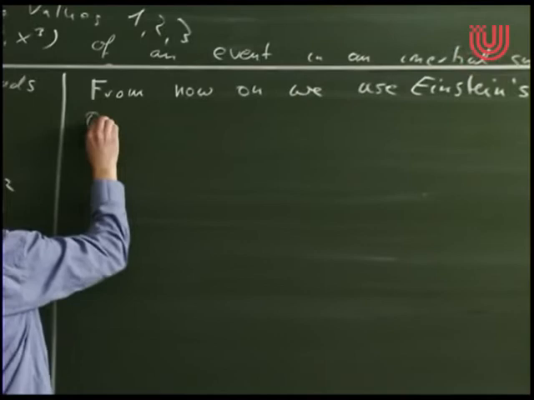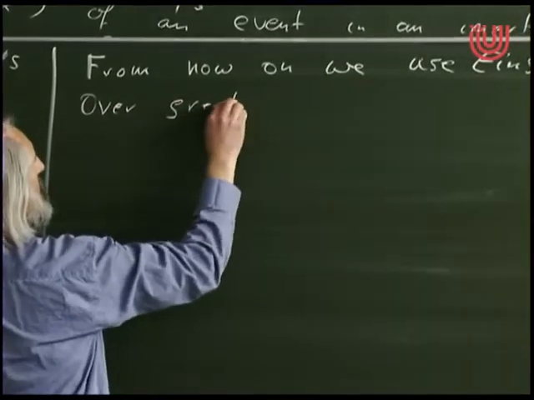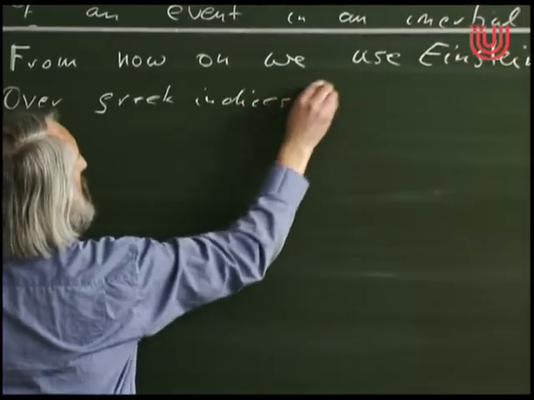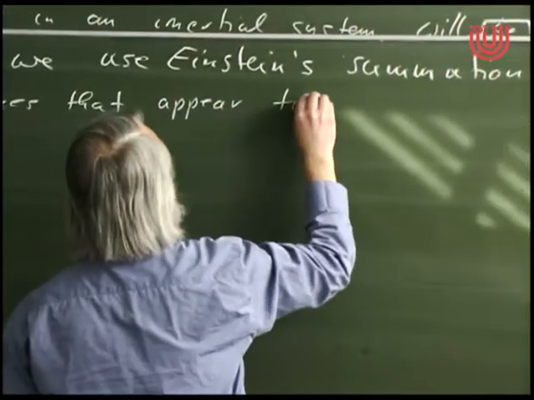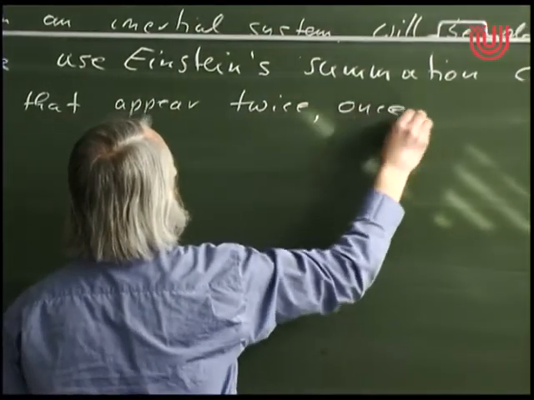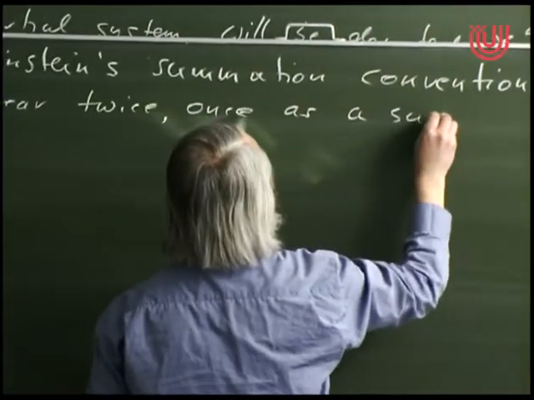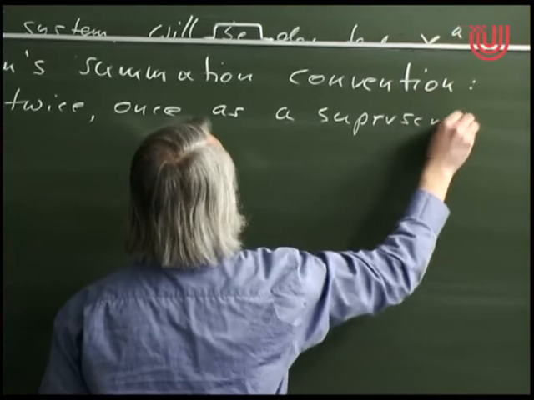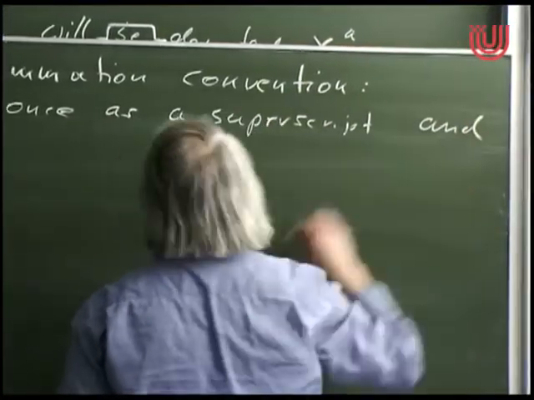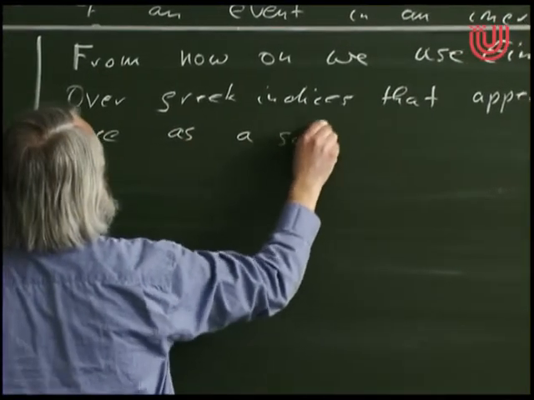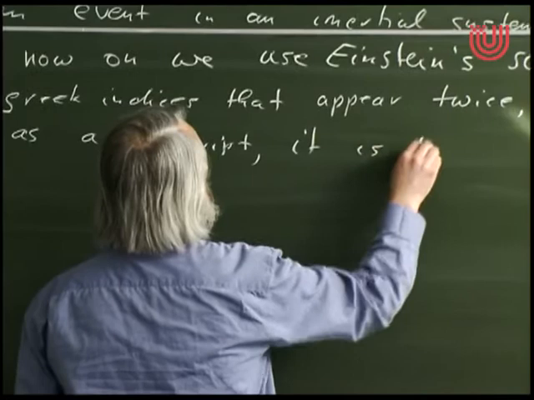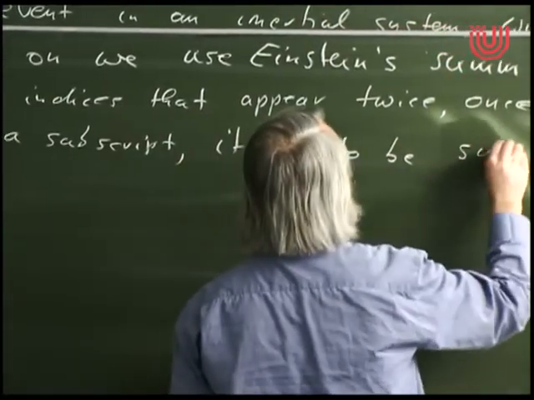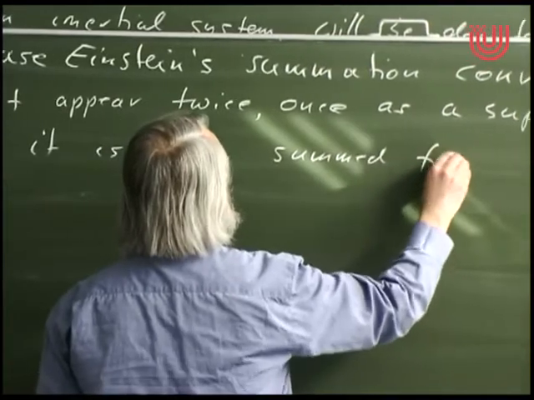So it says, actually it has two parts, over Greek indices that appear twice, once as a superscript and once as a subscript, it is to be summed from 0 to 3.